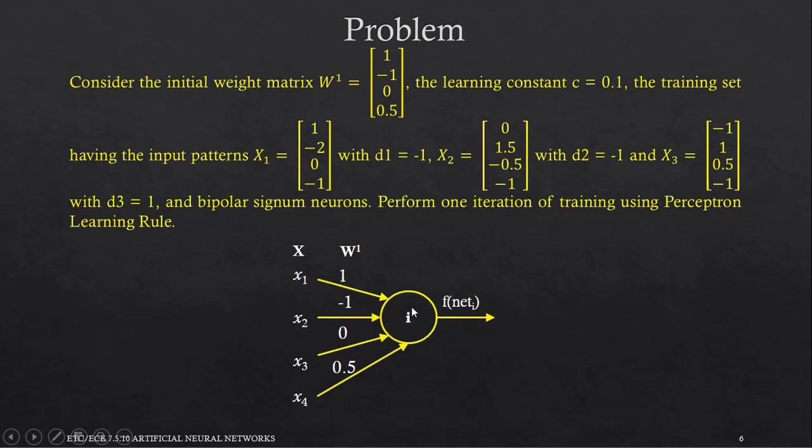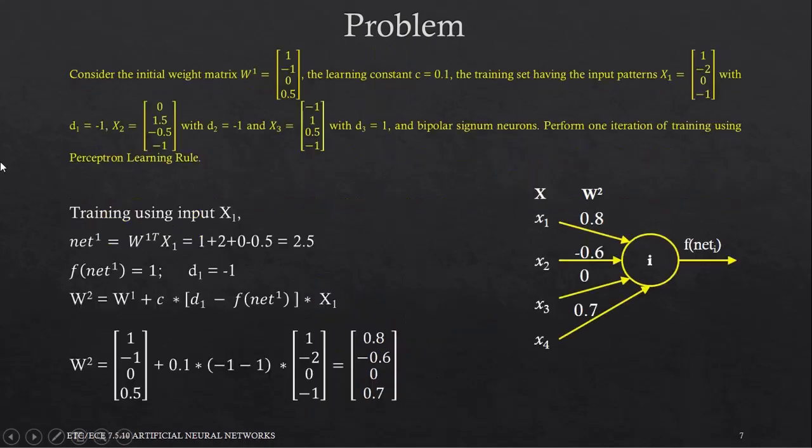So first we consider the training using the first input vector x1. We find the net value using the current given weight matrix like this. Then for this net value we find the f of net value. Now we calculate the new weight matrix like this.